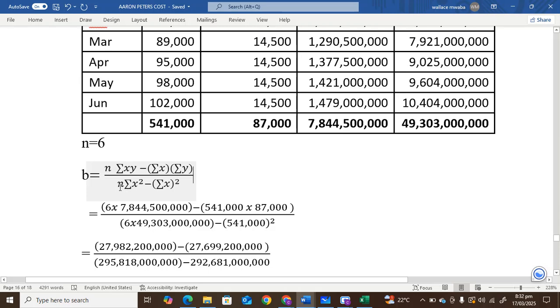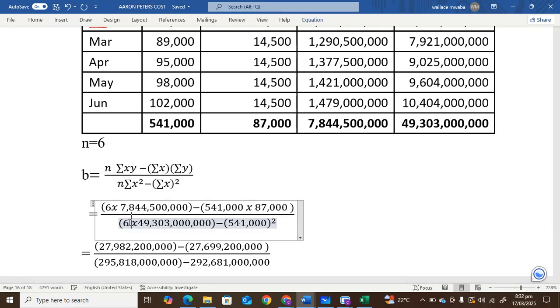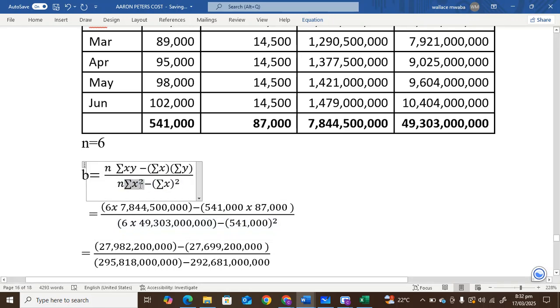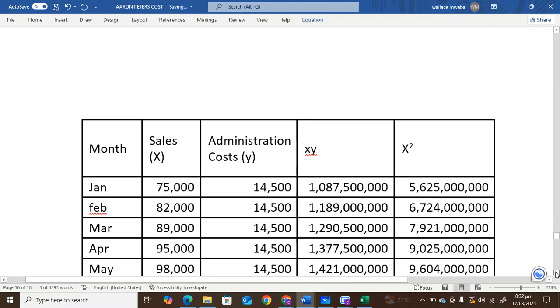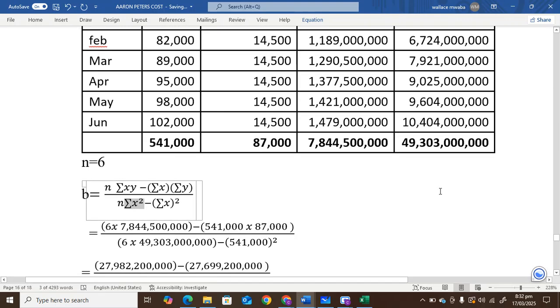Then below here we have n, which is 6, multiplied by summation of x squared, meaning the last column here, so 49,303,000,000.